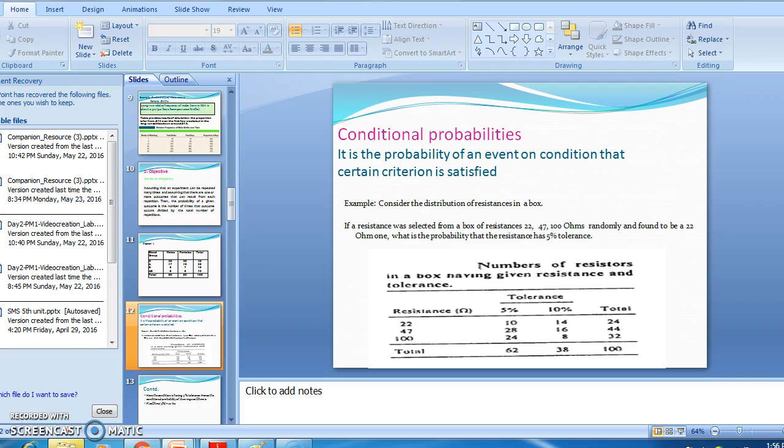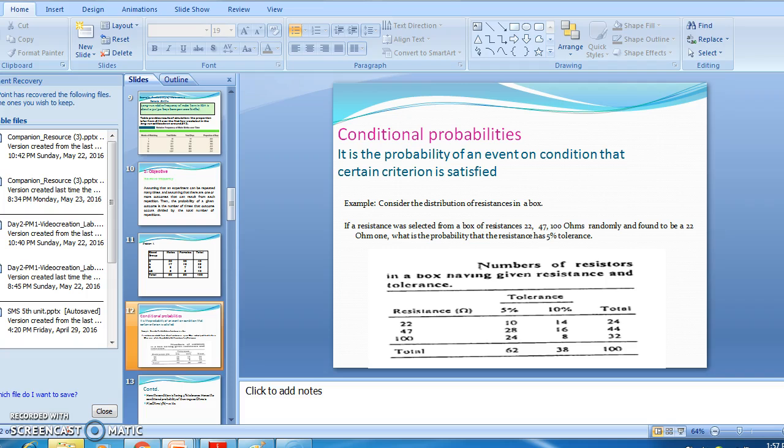Consider the distribution of resistances in a box as shown in the following table. So you see that the number of 22 ohms resistances is 24, with 10 resistances of 5% tolerance and 14 resistances of 10% tolerance. Then we have 47 ohms resistances, a total of 44.